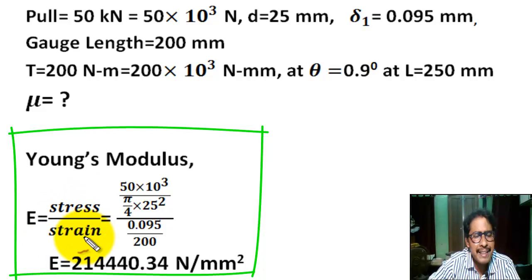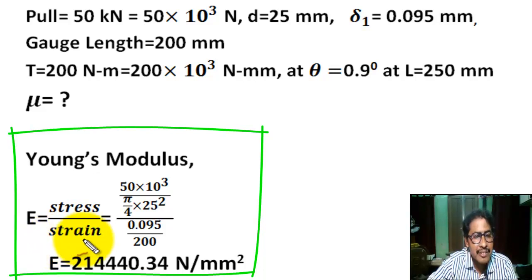Tensile means the material is under tension. Tensile stress is the magnitude of the force applied along an elastic rod divided by the cross-sectional area of the rod. Stress means force by area.